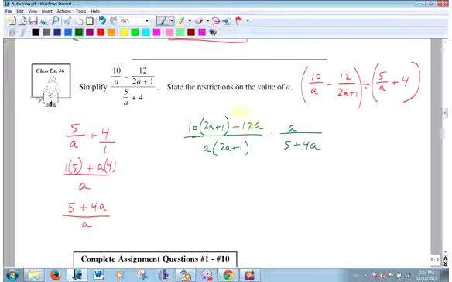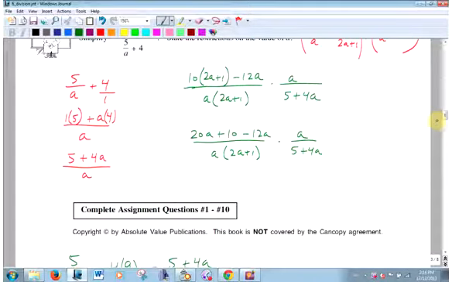All right. So we have to expand this out. Okay? I'm going to get some a's here if I multiply this. There's some a's there. I can simplify this. Okay? So I want to go 20a plus 10 minus 12a all over a, 2a plus 1, times, I can't really do anything with this yet.